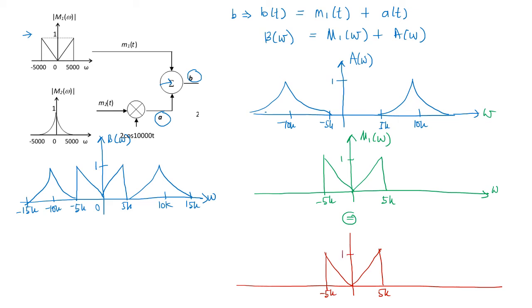So plus the A(omega). Same magnitude, and same goes to this side. Negative 5k, negative 10k, negative 15k. And the magnitude is the same, so this is your B(omega).